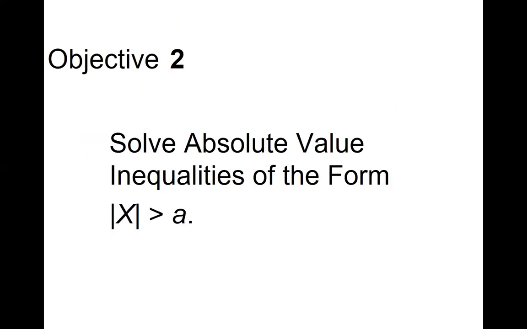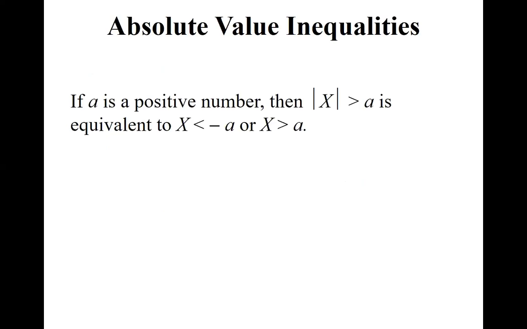The second objective in this topic is solve absolute value inequalities of the form absolute value of x greater than a. So now we'll take a look at absolute value greater than. If a is a positive number, then the absolute value of x greater than a is equivalent to x less than negative a or x greater than a.